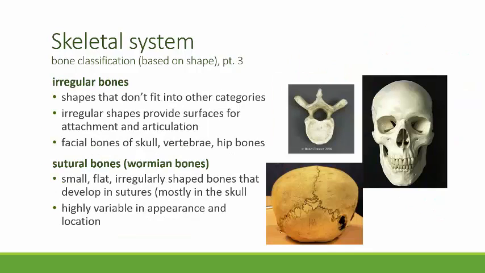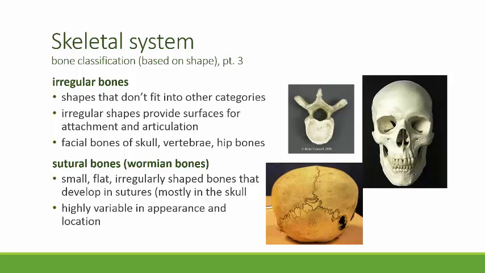Irregular bones are bones whose shape doesn't quite fit into any of the categories. So this is the catch-all. Irregular bones are irregular because they're providing surfaces that allow for either articulation, that's joint movements, or for attachment of muscles.